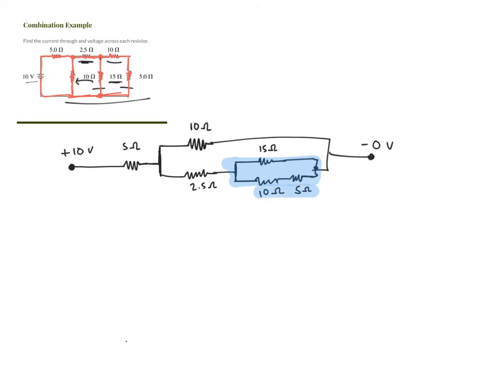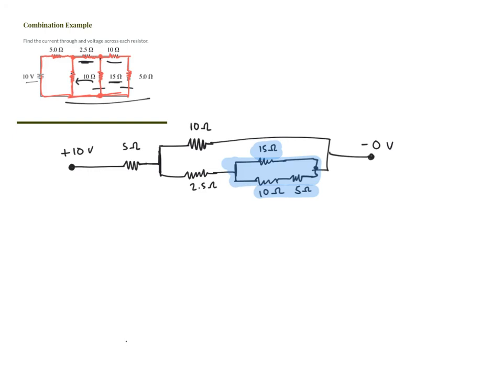You get 15 ohms there because you add resistors in series. And then we're going to take that and add it in parallel to the 15 ohm using reciprocals. So you do 1 over 15 plus 1 over 15 equals 2 over 15. And if you take the reciprocal of that, you get 15 over 2, which is 7.5 ohms.